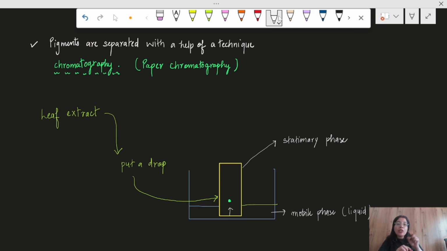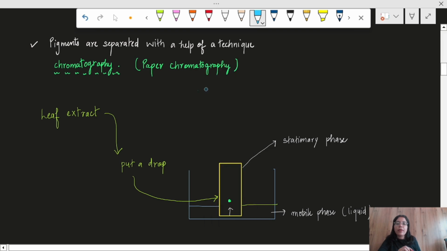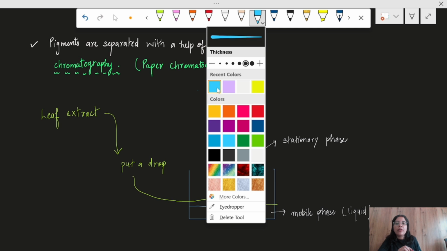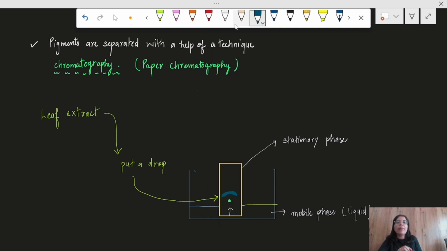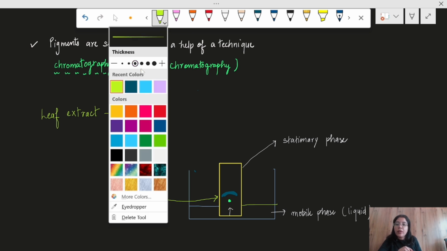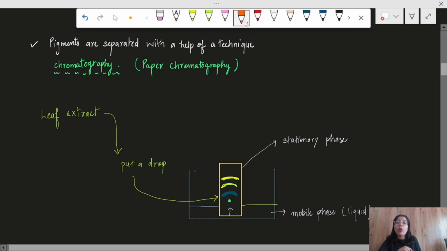So you will see some bands or colors on this paper, right? For example, the bands you are going to see will be a blue color band, then maybe a green color band, then a yellow color band, and then an orange, yellow to yellow orange color band.